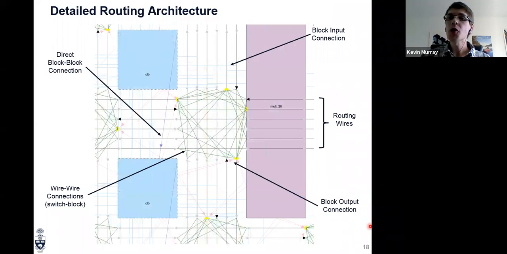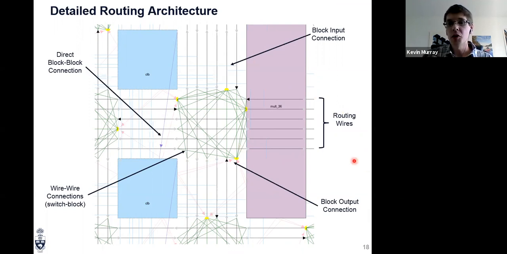VTR also has a very detailed model of the FPGA routing architecture. This is the wires and switches that are used to interconnect the different blocks together. We can see in this image a bunch of routing wires running horizontally and vertically in our FPGA between the blocks.